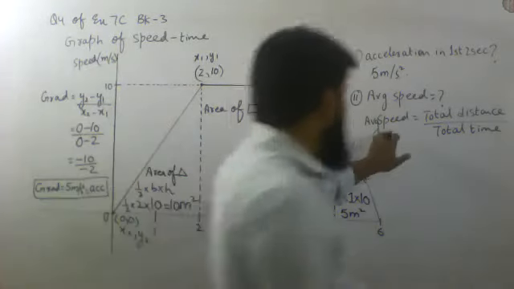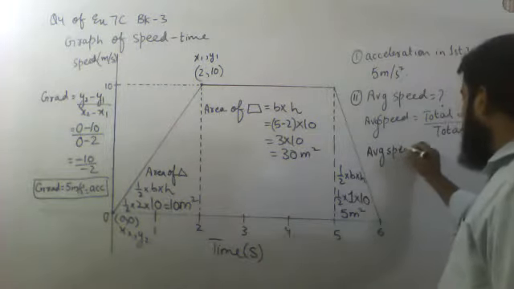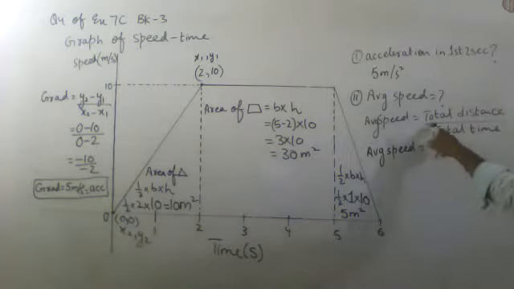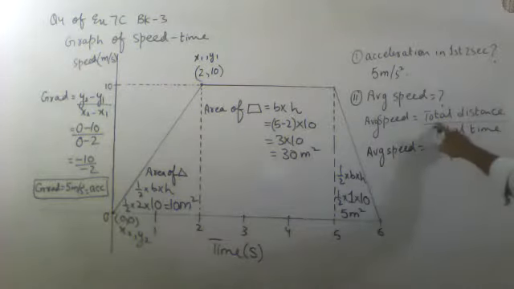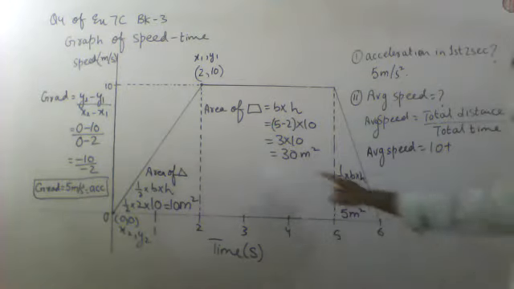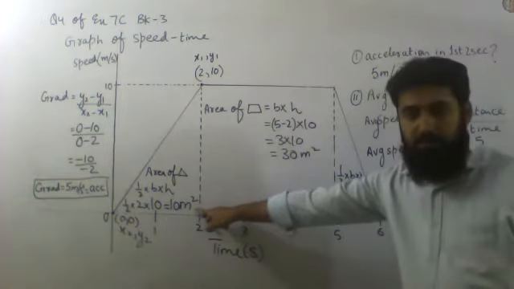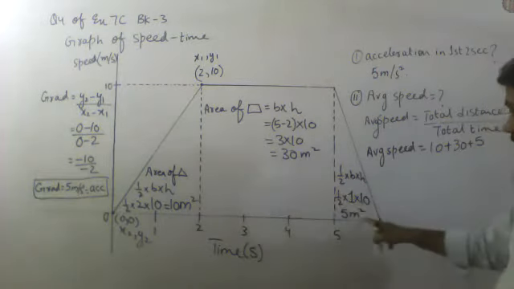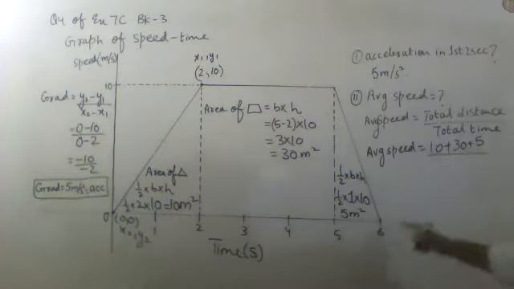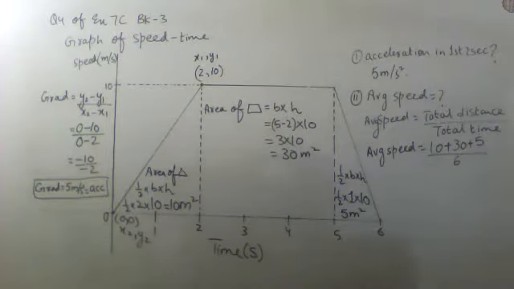Now I have to find average speed. Average speed equals total distance over total time. So total distance: first one is 10, then 30, and then 5. 10 from here, 30 from here, 5 from here, divided by total time. From 0 till 6, this will be the total time.